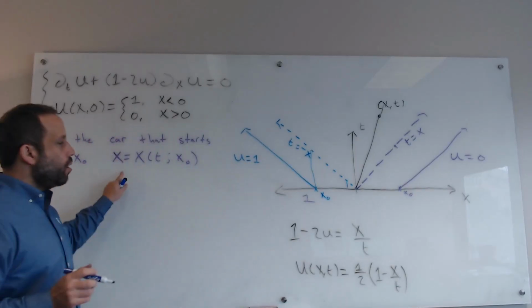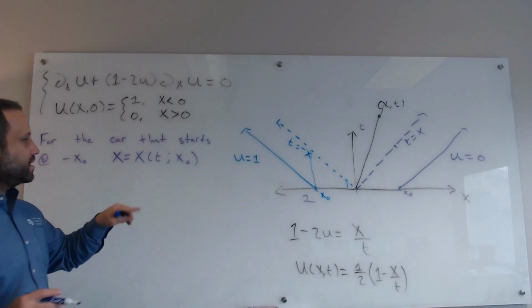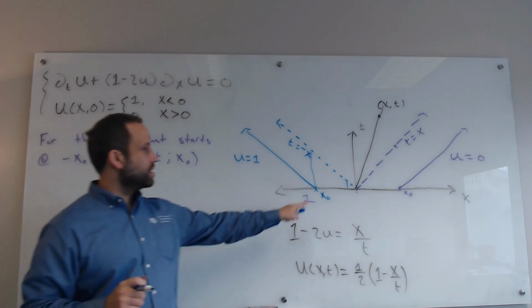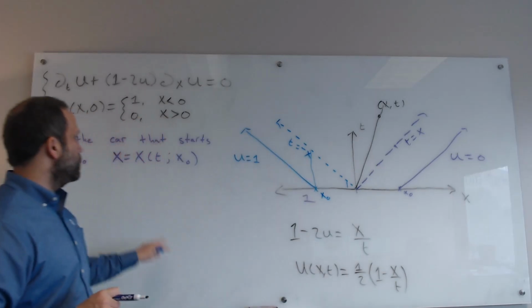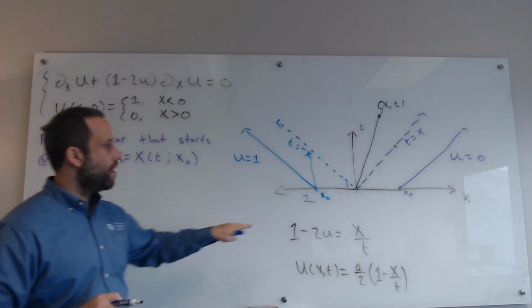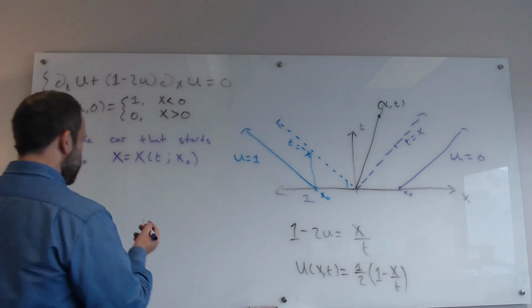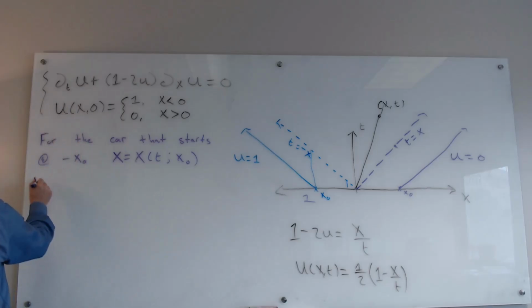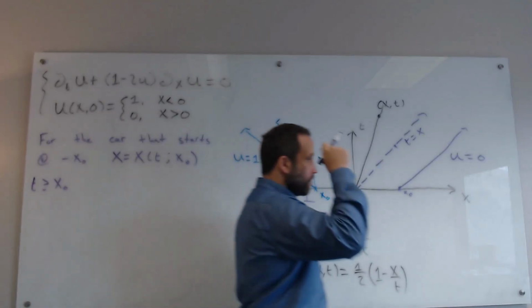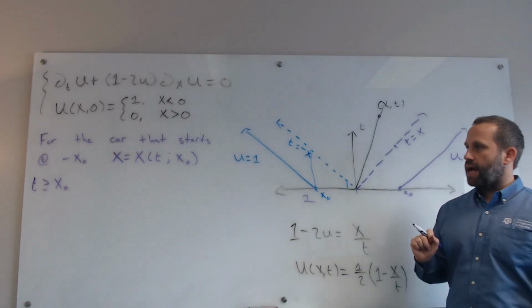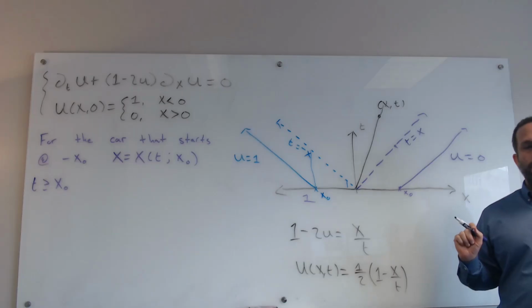Now we know that for t less than x0, the velocity is going to be equal to 0, and so the car is just going to be at minus x0. But now I want to see what happens for t greater than or equal to x0.